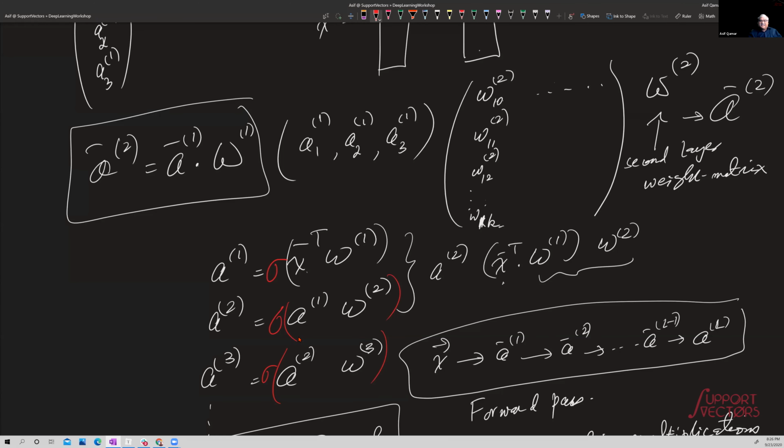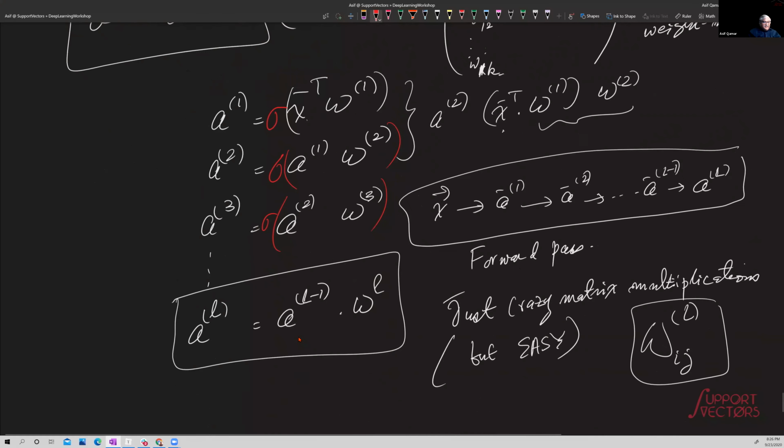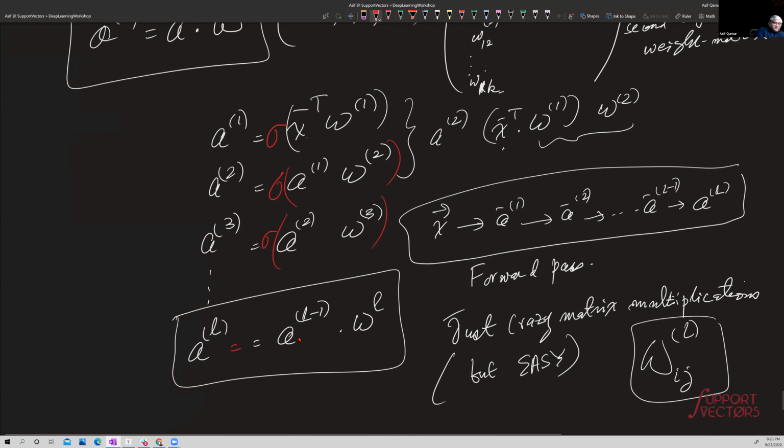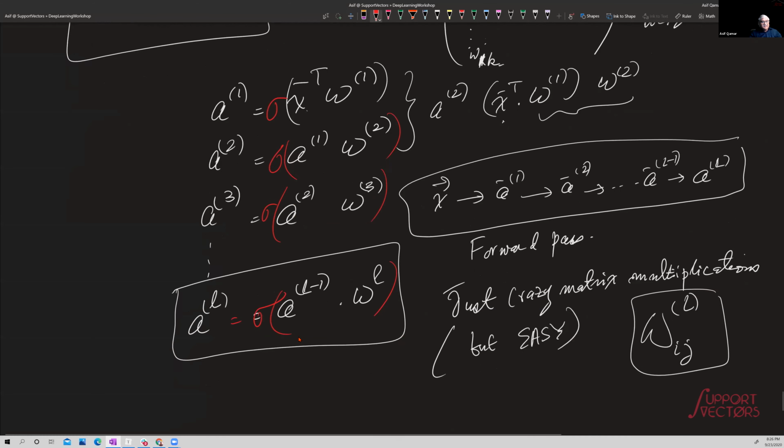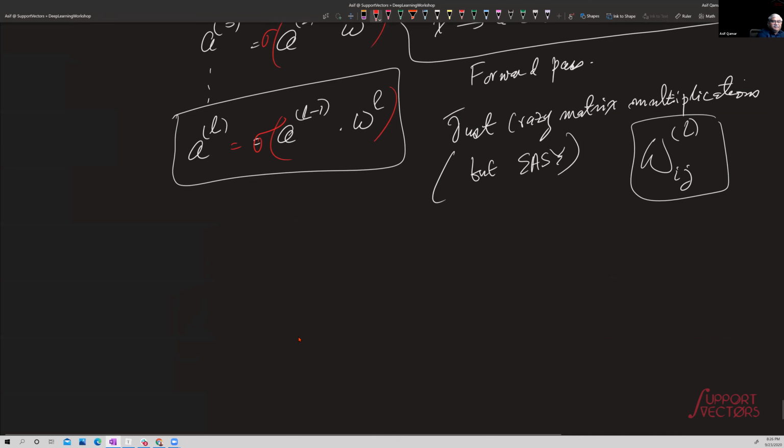So the general rule, we can write it as: the output of the nth layer is equal to the sigmoid of the output of the previous layer times the weights of this layer. And weight, I'll write as a big bold to symbolify that this is a matrix.